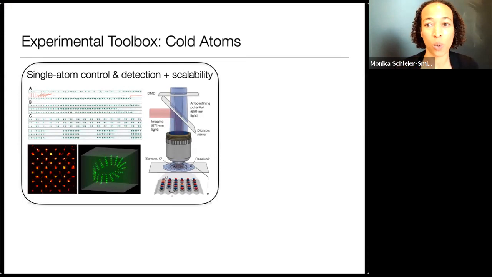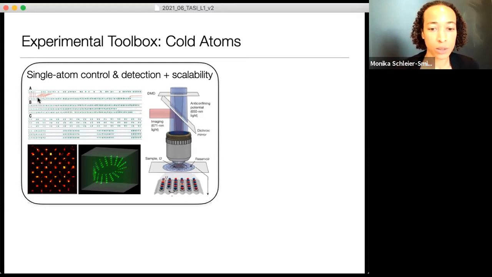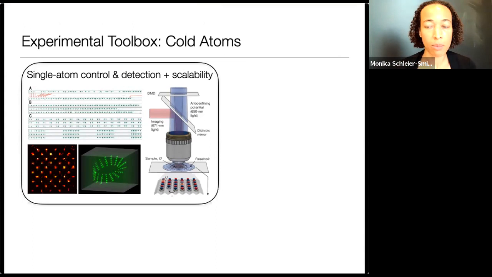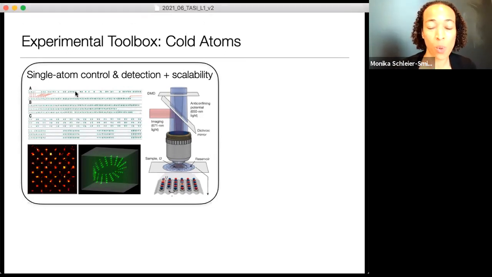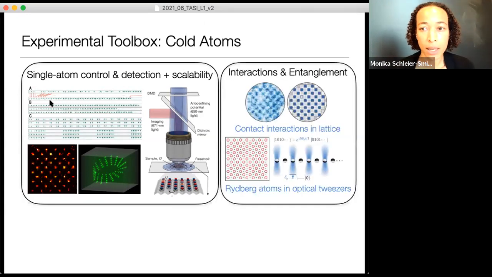Each of them could encode a quantum bit in two of its internal states. You can detect them at the single particle level. So there's this combination of a high degree of control, very good detection, and also scalability. And there actually aren't so many systems where one can also have hundreds of quantum bits controlled at the single particle level. So that's the state-of-the-art toolbox of cold atoms.